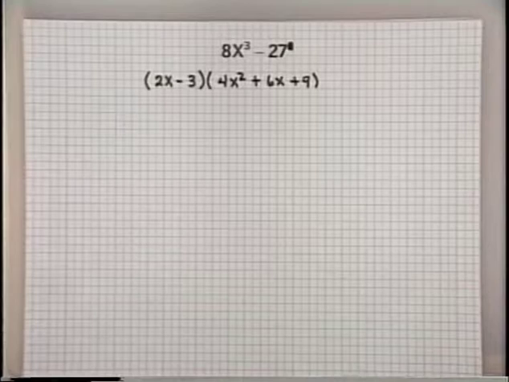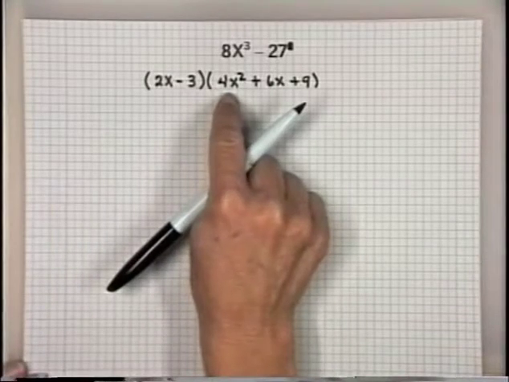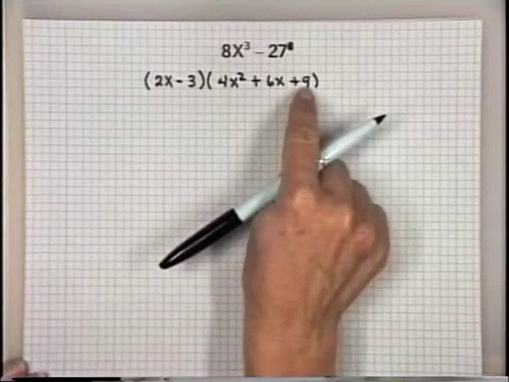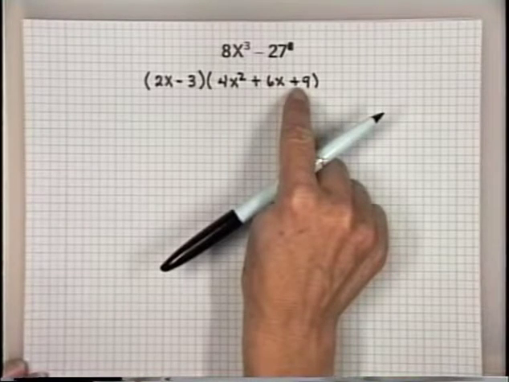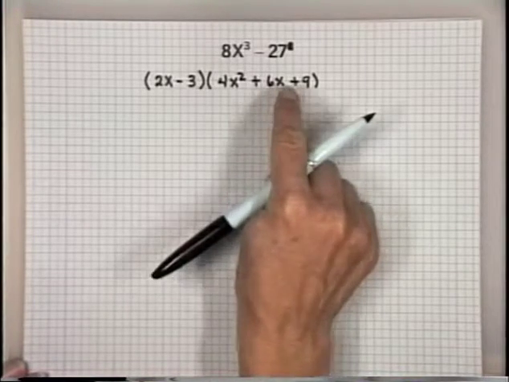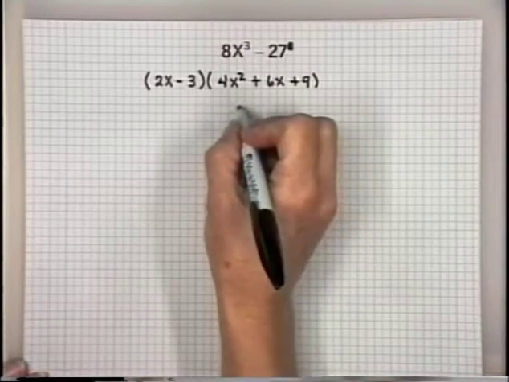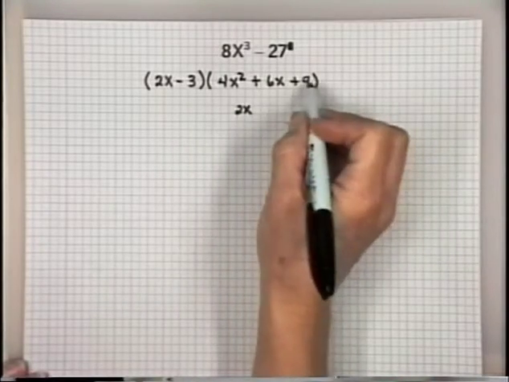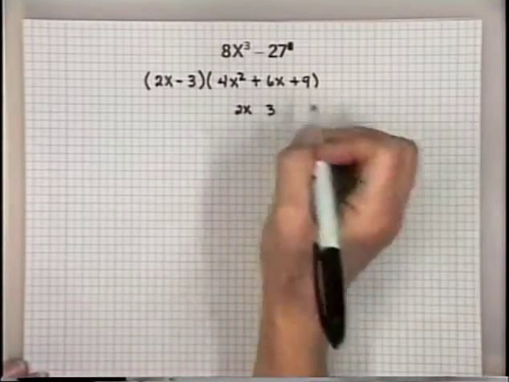Now you might be looking at this second factor here and thinking perhaps it is a perfect square trinomial. The first term certainly is a perfect square, and so is the last term, and we do have our plus sign. But I would like for you to notice the square root of this first term is 2x. The square root of this last term is 3.